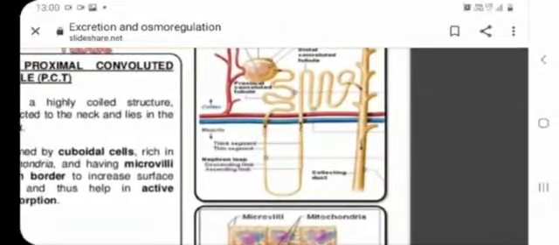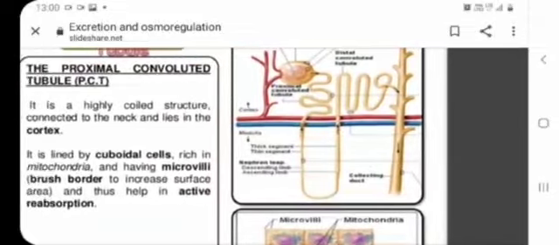One can very easily see where these tubules are situated: the cortex and the medulla. In the medullary region, one can see the Henle's loop. The proximal convoluted tubule and the distal convoluted tubule are present in the cortex of the kidney.